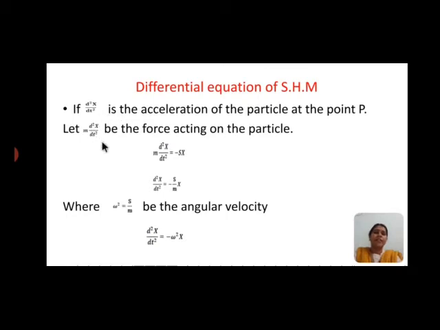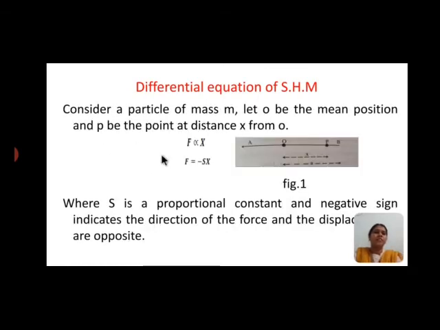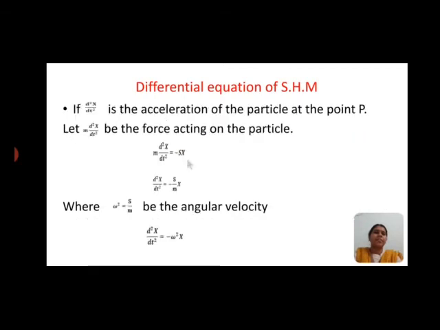Now we have the value of the force. Substitute into F equals minus S x: in place of the force, put mass into acceleration. So m d square x by dt square equals minus S into x. Cross multiplying, d square x by dt square equals minus S by m into x.